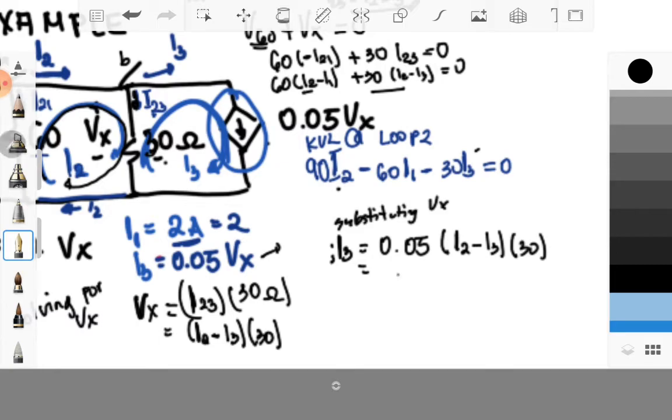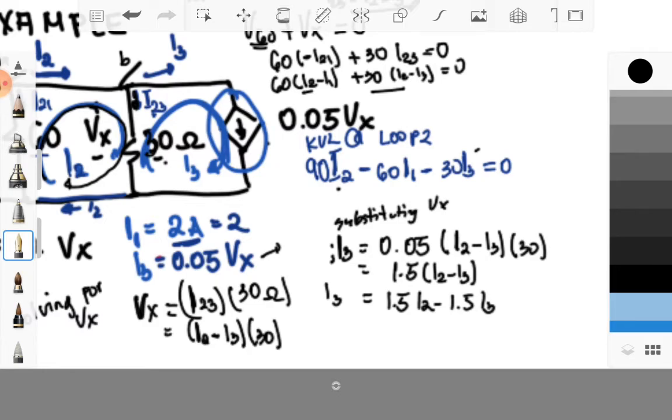So, we have 1.5 I2 minus I3 which is equal to 1.5 I2 minus 1.5 I3 which is equal to I3. Okay, so how will we solve this one?